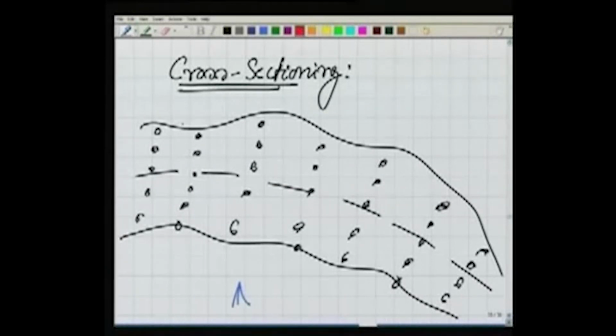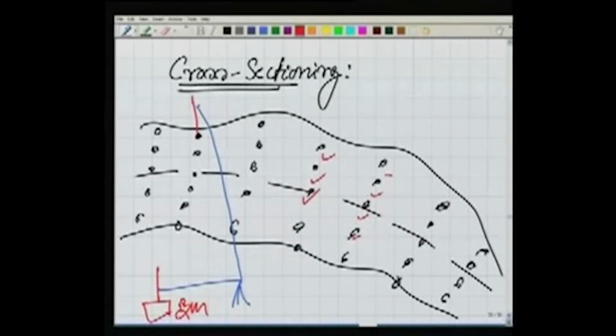So in any of these points, I will keep my staff and take the sight to it, while I have already taken a sight to a staff kept at a benchmark. Using this, I can determine the RL of all these points. So by this method, what we have is a carpet of points. It's not only a single line along which we know the points, but a carpet of points covering a wide area. Using this, we can compute the volumes of earthwork, the amount of filling and cutting, and all these more accurately.